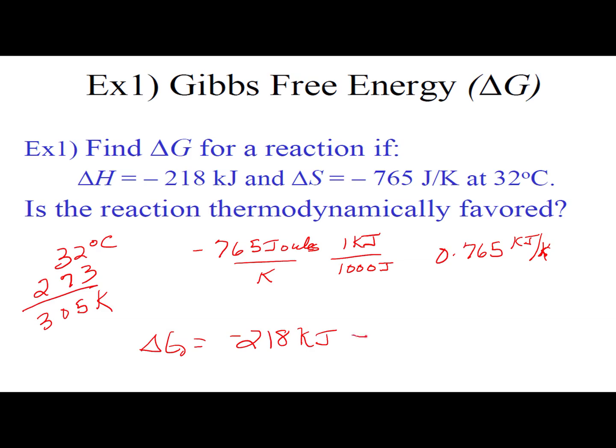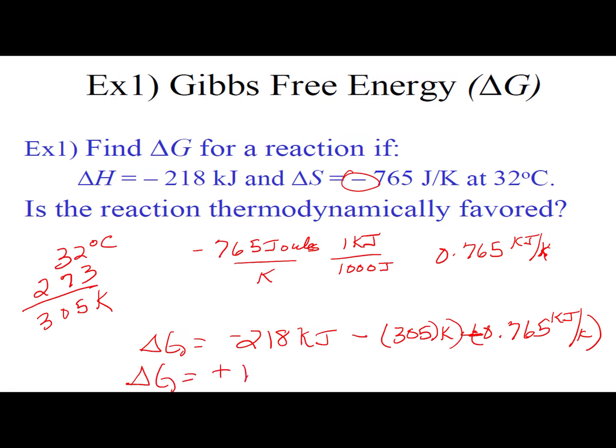Then we minus T, which is 305 Kelvin, times delta S, which is negative 0.765. Really important to remember that negative there, kilojoules per Kelvin. If you put all that in your calculator, you should get a positive 15.3 kilojoules.